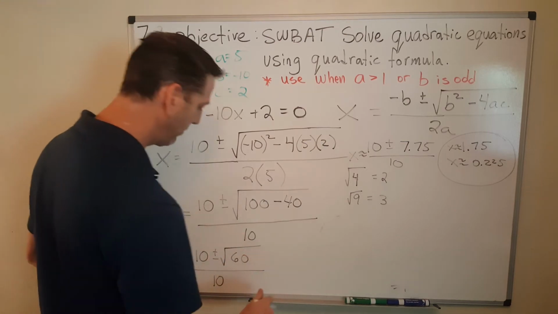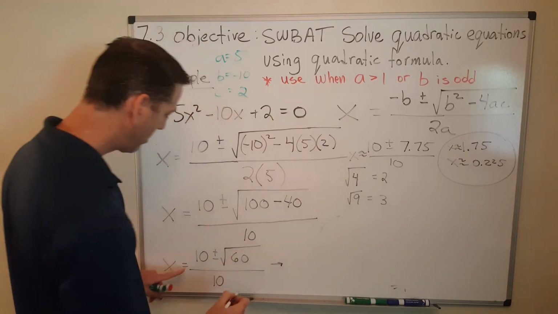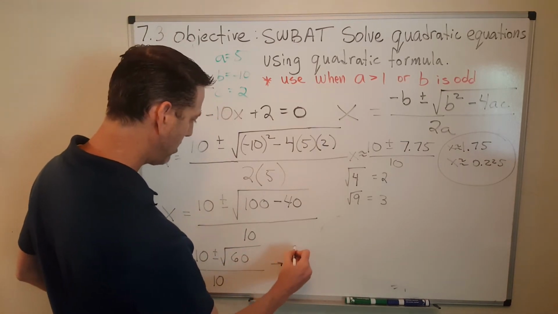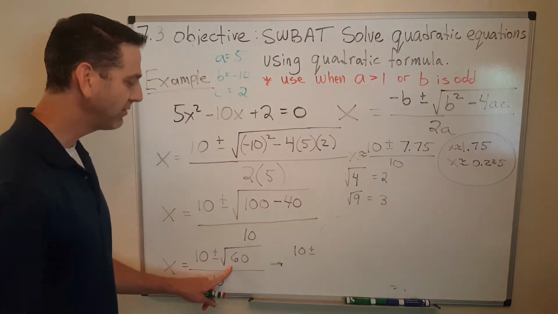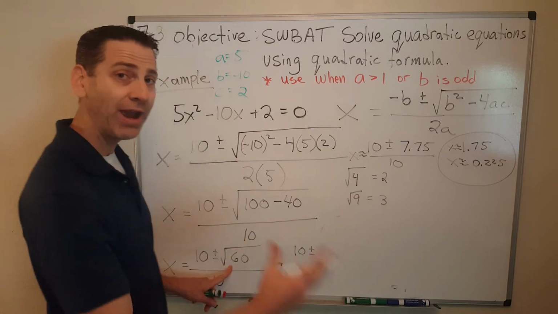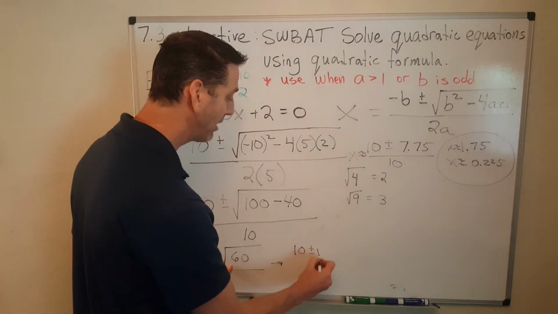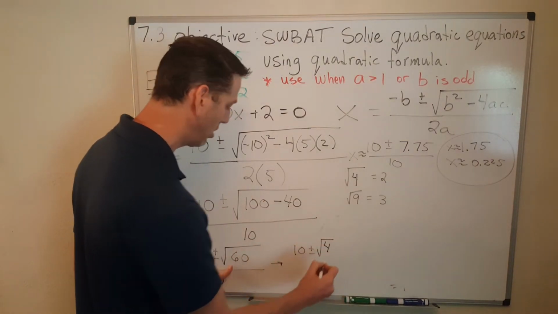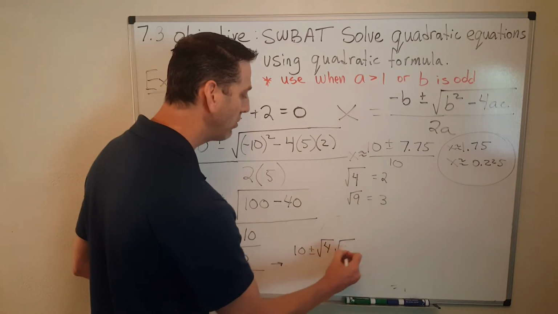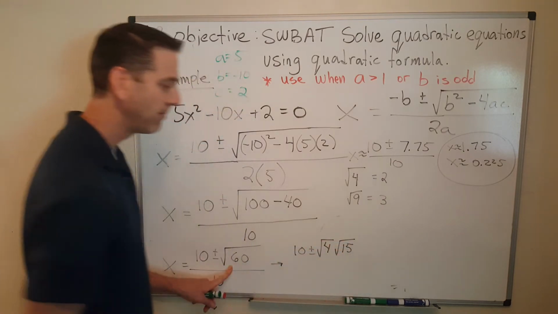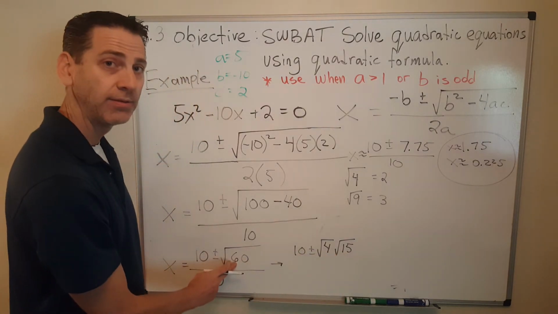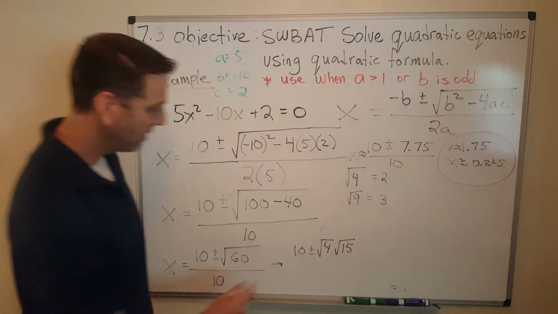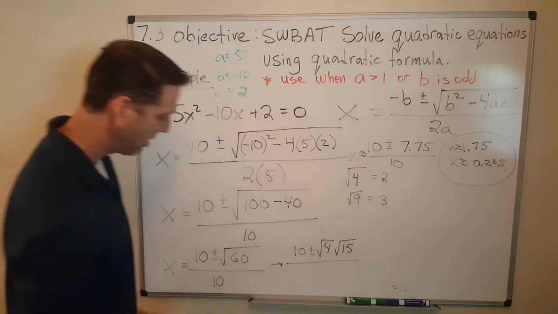So watch this. I'll say 10 plus or minus, now instead of saying 60, I'm going to factor it as the square root of 4 times the square root of 15, right? Because 4 times 15 is 60. And that's all going to be divided by 10.